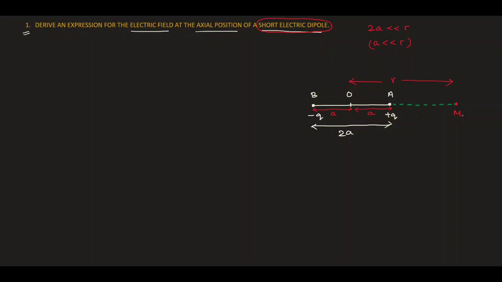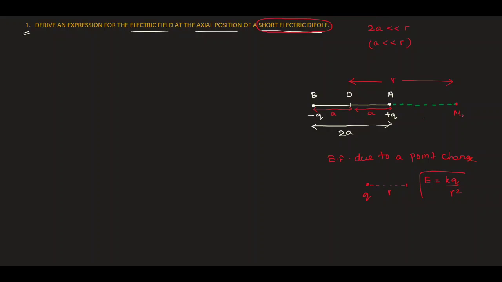So to do the derivation, we should have knowledge about the formula to calculate electric field due to a point charge. All of you know that if we have a point charge q here and we have to find the electric field at a distance r, then the formula is E equal to kq divided by r square.